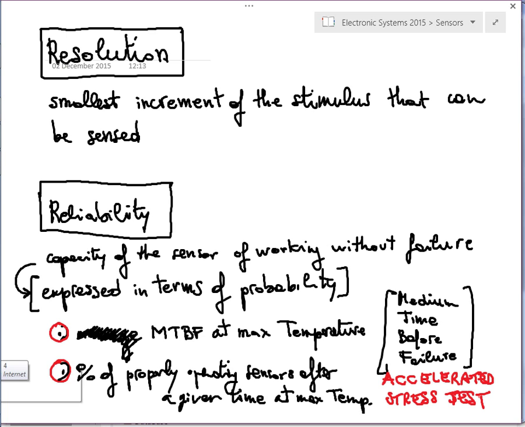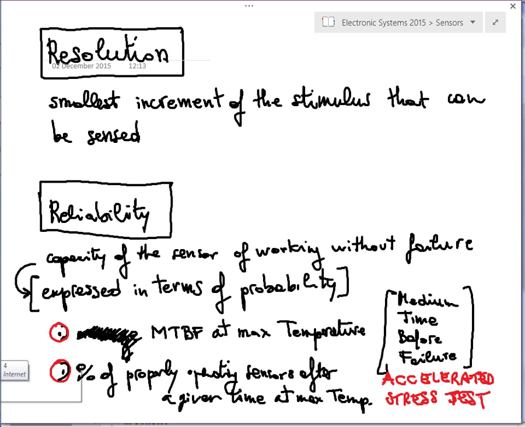And then one has to have a model which allows one to translate, let's say, 10 hours at 200 degrees in terms of how many hours at room temperature, for example.